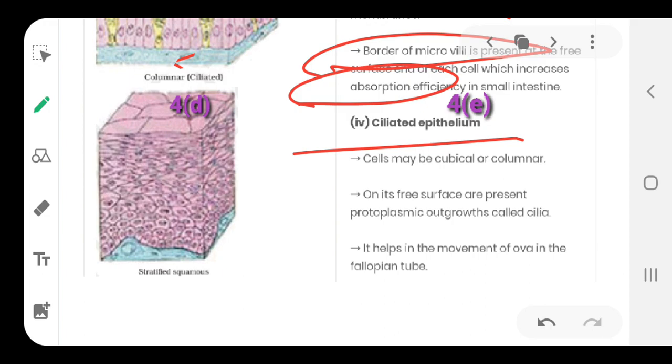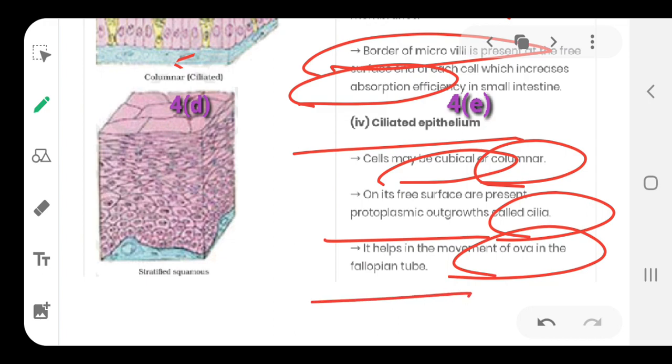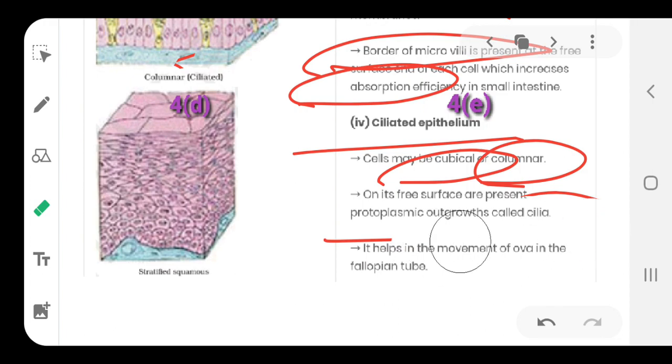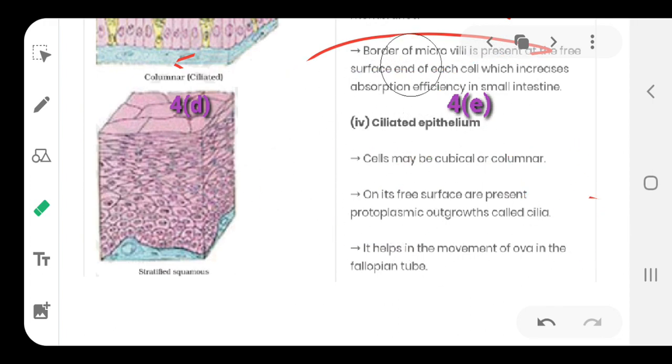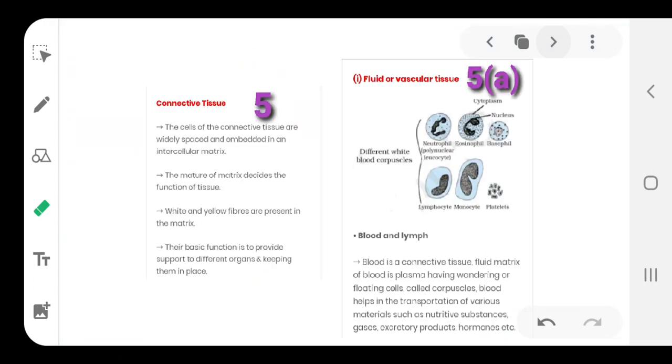They have cilia scattered throughout the body surface. The cells could be cubical or columnar, and on the free surface they present a protoplasmic outgrowth called cilia, the hair-like structure, and it helps in the movement of ova in the fallopian tube that we study when we talk about the reproductive system. So these are some of the subtypes for the epithelial tissue.